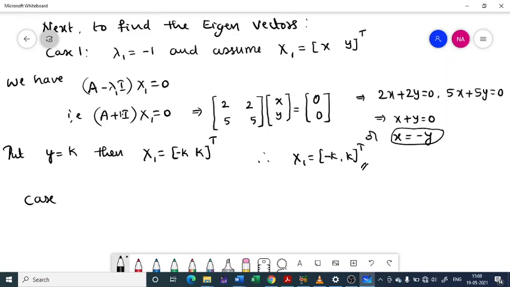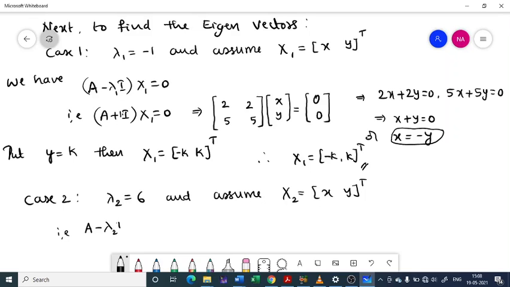Case 2, so lambda 2 equal to 6 and assume capital X2 equal to x, y column vector transpose. It will be A minus lambda 2 I into x2 equal to 0.